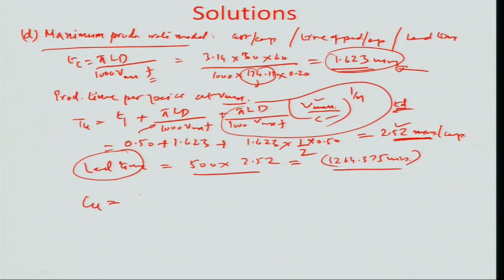and the optimum cost CU per component in this case can again be calculated by a similar formulation, just substituting the value of the cutting time, the maximum cutting time in this particular case, which is 1.623 minutes.